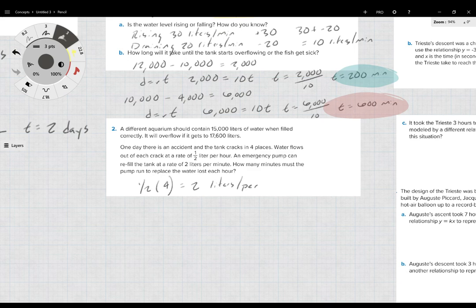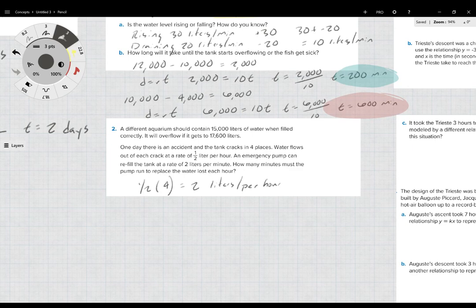So that's how many liters it's draining per hour with the 4 cracks. We also know the pump refills the tank at a rate of 2 liters per minute. So if it loses 2 liters per hour, and we know that it fills up 2 liters per minute, then it's only going to take 1 minute to fill up the 2 liters that it drains.